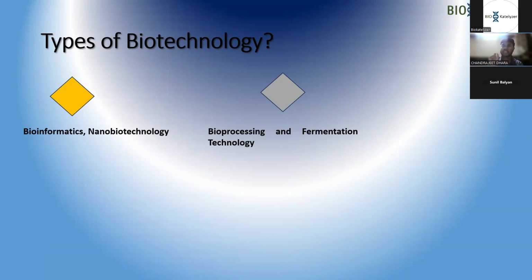Third is in silico. Bioinformatics work comes under in silico. In silico is when we are quantifying or validating our research in the software, in the computer itself, like drug-drug interactions, protein-protein interactions, primer designing.